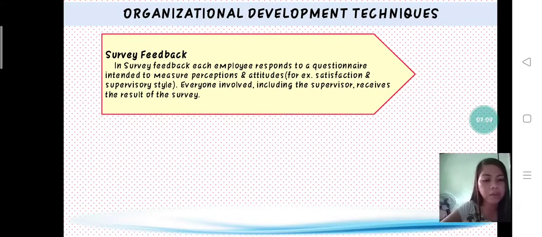So the aim of this approach is usually to change the behavior of supervisors by showing them how the subordinates view them. Di ba, in college or in a tertiary level in education, the teachers or instructors also have a survey feedback from their learners.